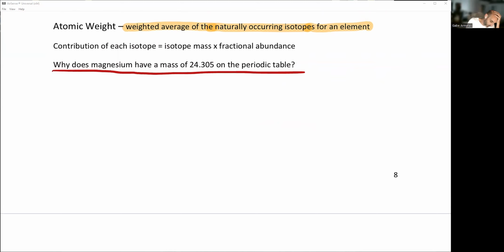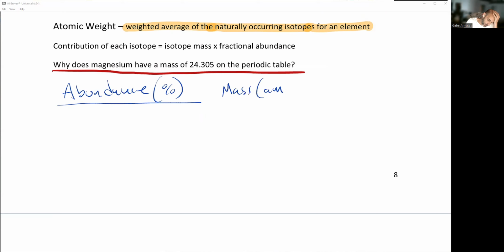First, I'm going to make a quick table. I'm going to have abundance, which is really the percentage in decimal form, and the mass, which is going to be in AMU.